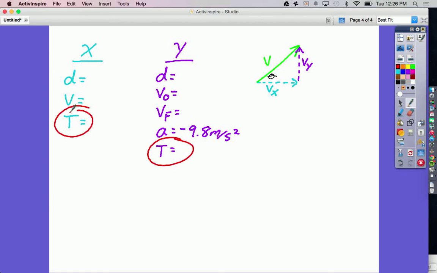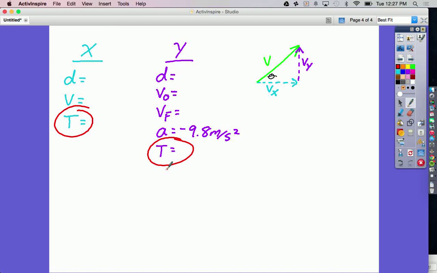Time is the only thing that x and y have in common. Yes, they both have a d, but they're very different. The d in the x is different than the d in the y. The velocity in the x is different than the velocity in the y. But what they do have in common is time. An object can't hit the ground or reach its target in the left and right direction before it reaches that target in the up and down. So the times will be exactly the same.